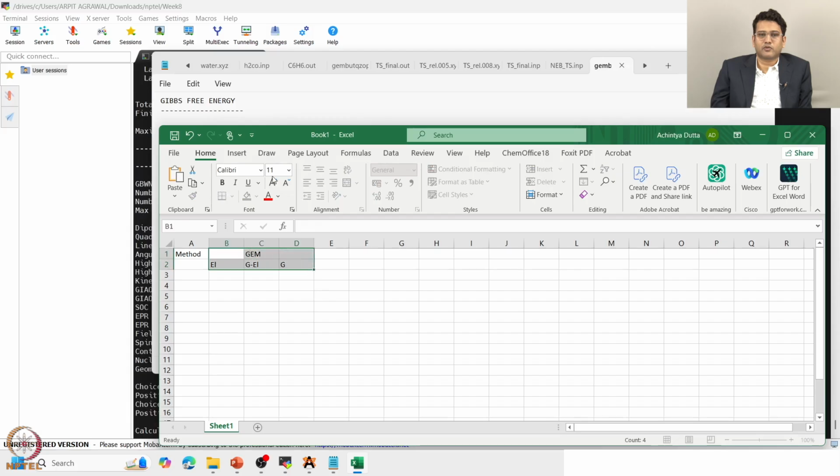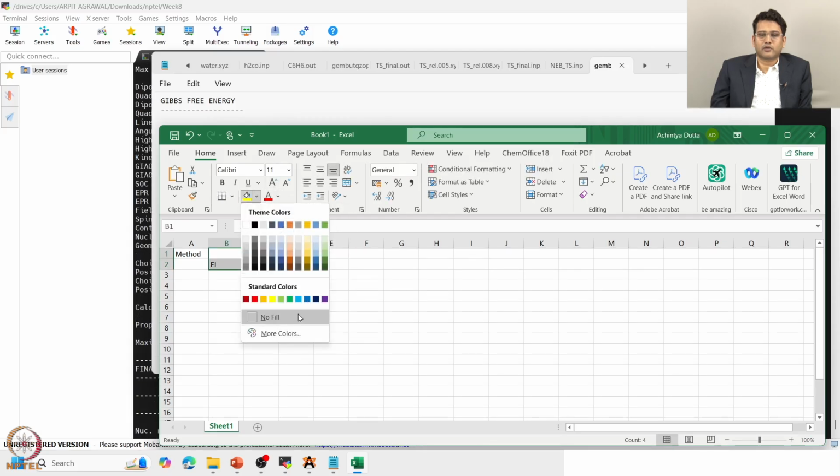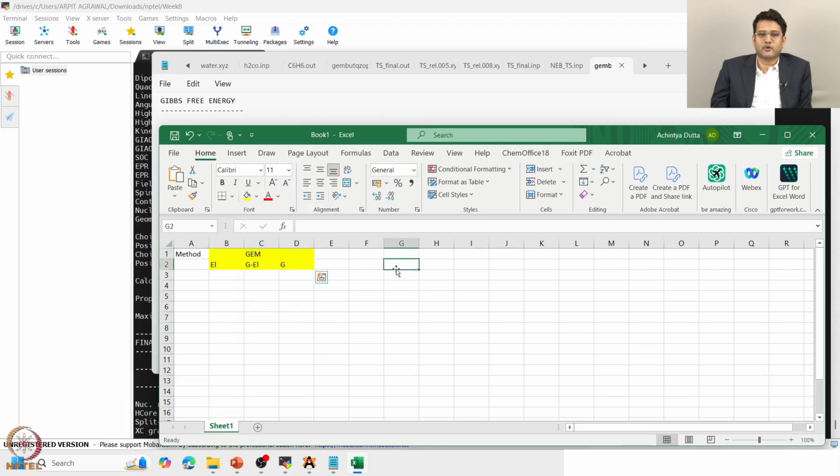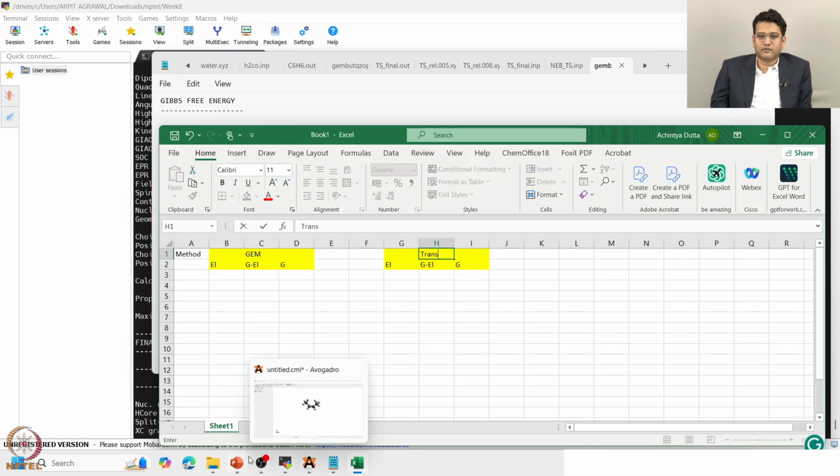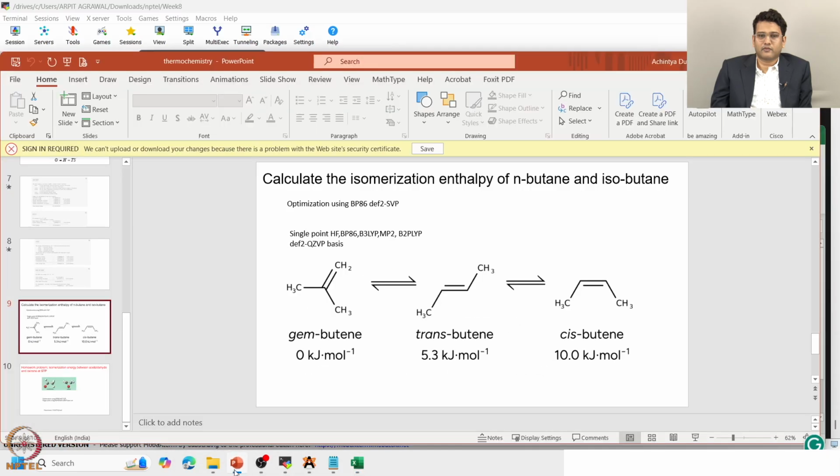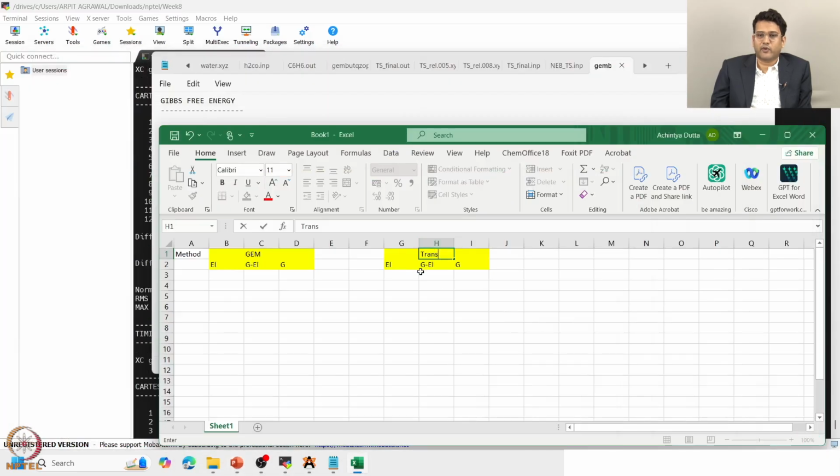Maybe we should give it a nice color. So this is trans. This is cis. I wanted to check which one is written in the order.